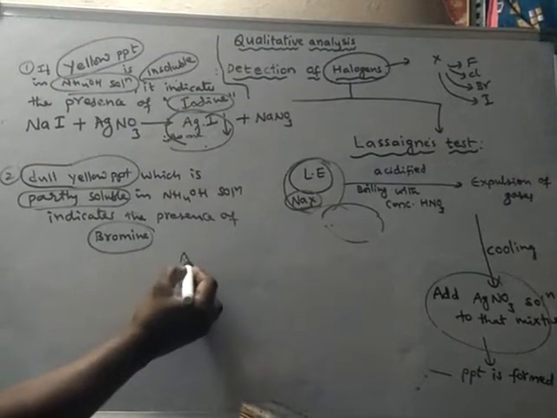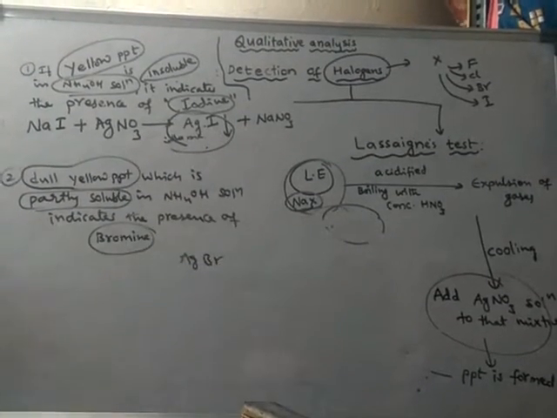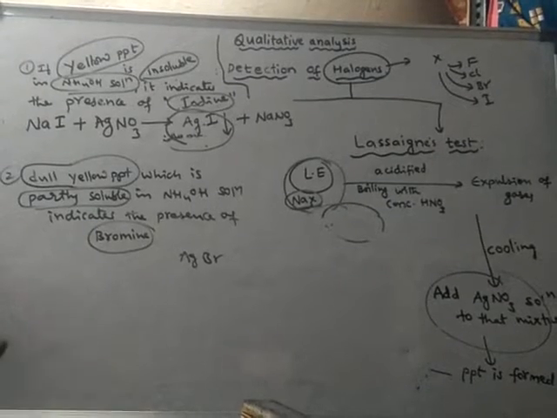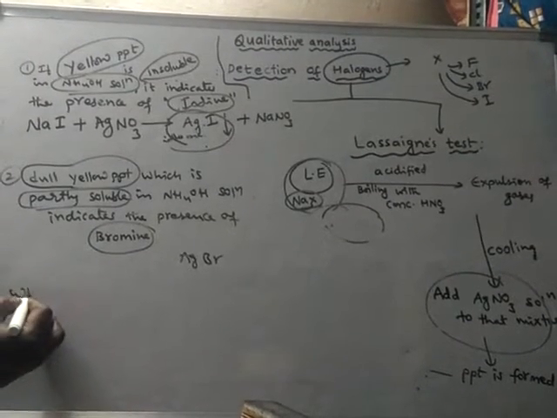Here the precipitate is silver bromide, AgBr.